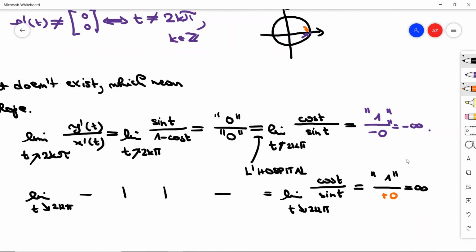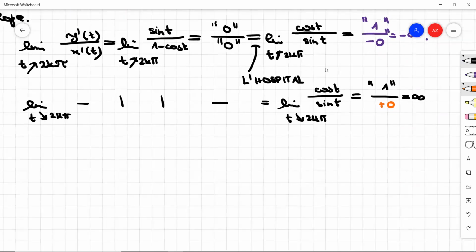This means that we cannot calculate the tangent to this curve in the points 2k pi, which means that those points are really singular points.